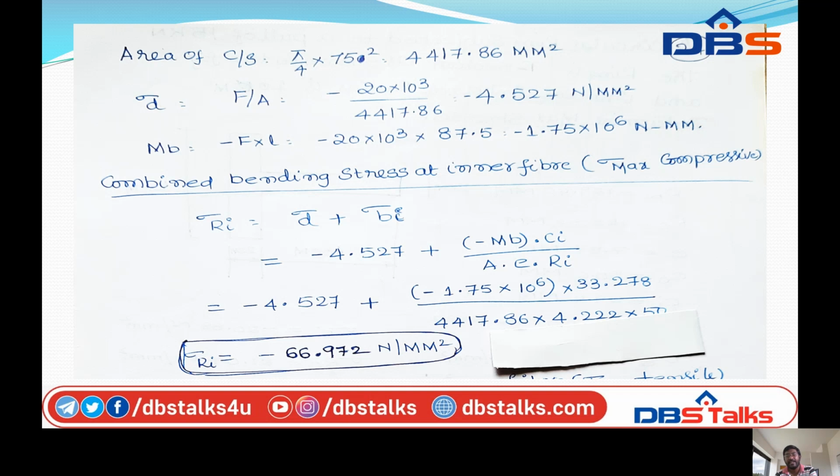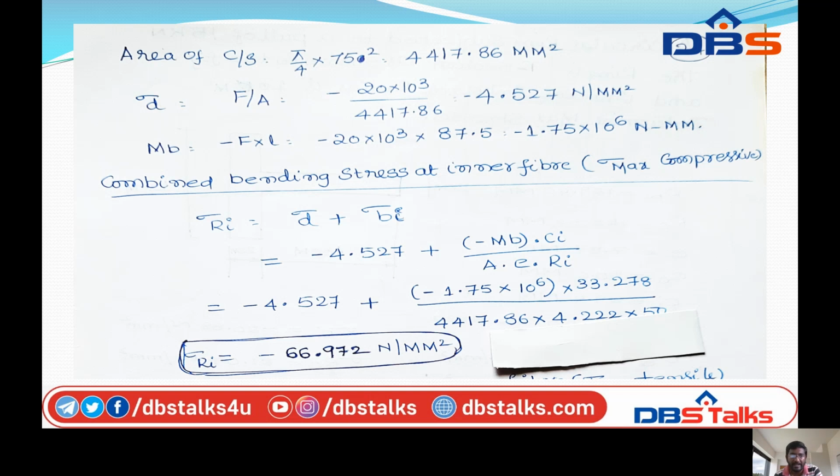Next we can calculate the area of the cross section. For a circular cross section, the area is pi by 4 into d square. So substitute the values: pi by 4 into d square, diameter equal to 75 mm. So pi by 4 into 75 whole square. So we can calculate the area, 4417.86 mm square.